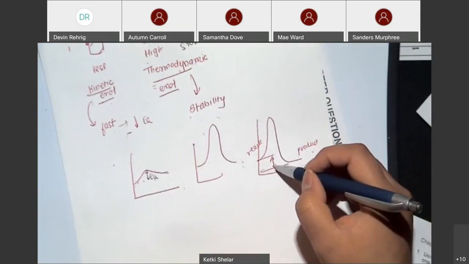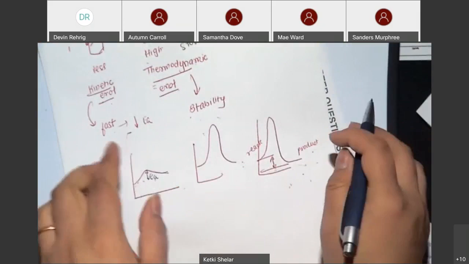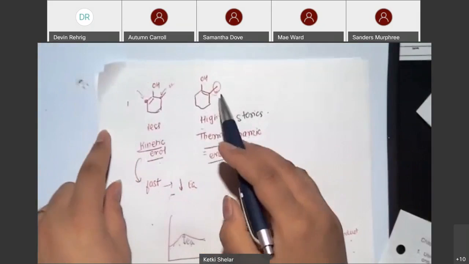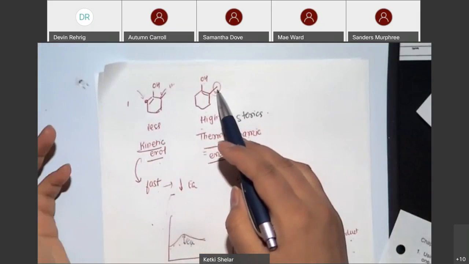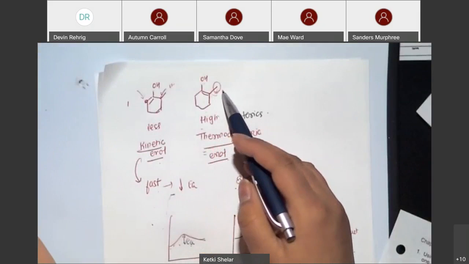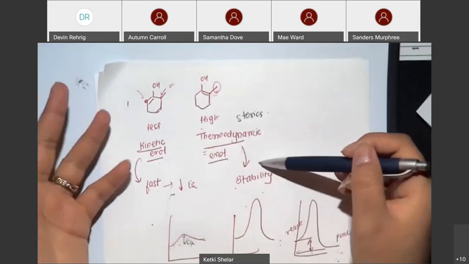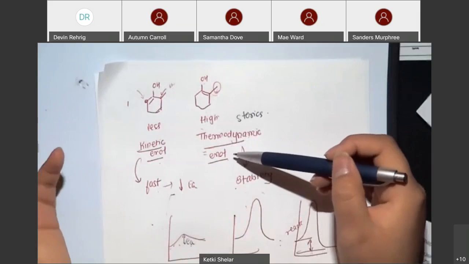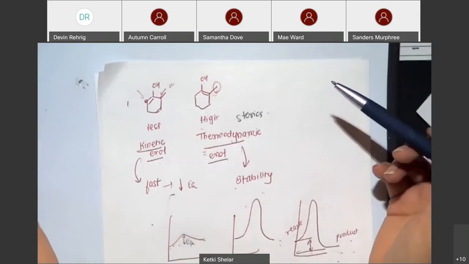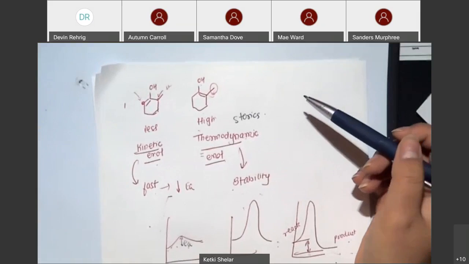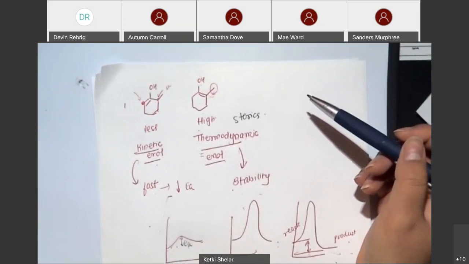The more the gap, the more stable the compound is. So as the substitution here is methyl, even though there is another substitution, the stability would still be more and it would still be called the thermodynamic enol. So that's what I explained.